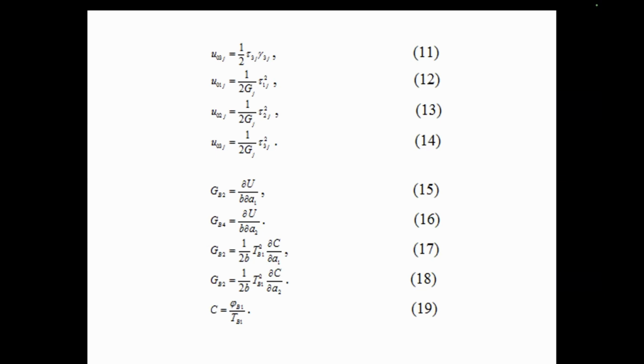The strain energy release rate at increase of delamination in the delamination tip in cross-section B4 of the beam is derived by applying formula number 16.